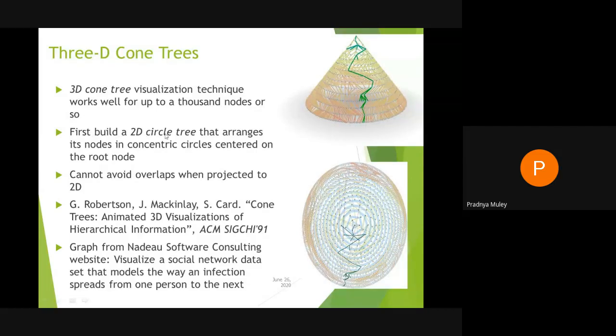First build a 2D circle tree that arranges its nodes in concentric circles centered on a root node. It cannot avoid overlaps when projected to 2D. So this is just a visualization technique.